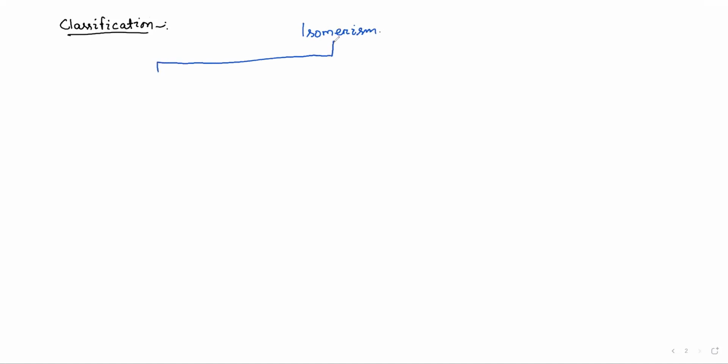Isomerism is generally of two types. First is structural isomerism.